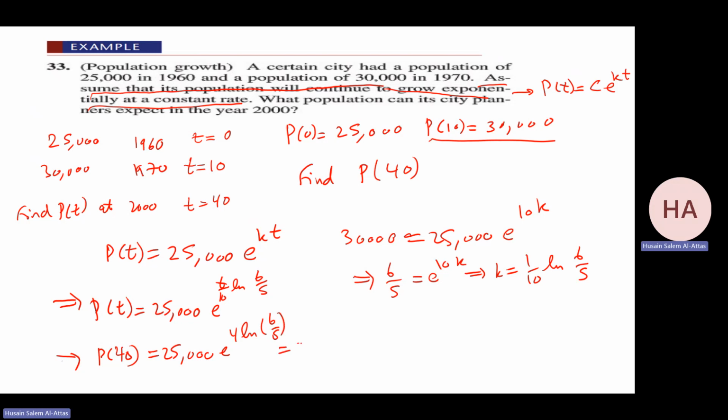In other words, that will be 25,000 e to the power ln 6/5, to the power 4. So that is 25,000 times 6/5 to the power 4. If we do the calculation, that will be 51,840.